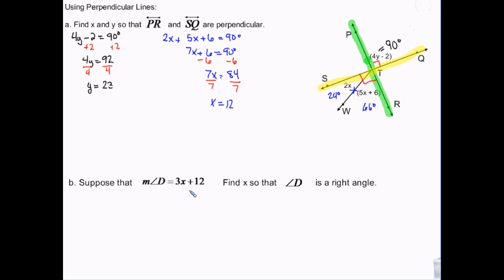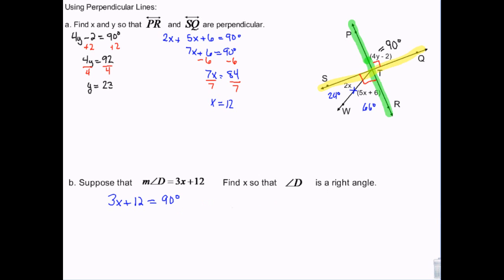The measure of angle D is 3x plus 12. Find x so that angle D is a right angle. So what do I need to do with this 3x plus 12? Okay, what do we know about right angles? 90 degrees. So I want 3x plus 12 to equal 90 degrees. Does that make sense?